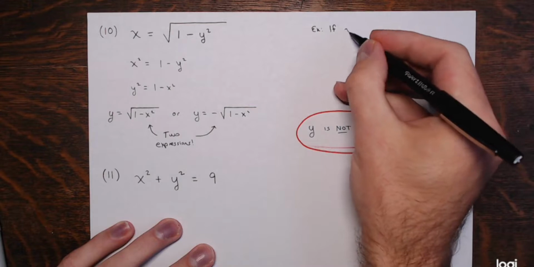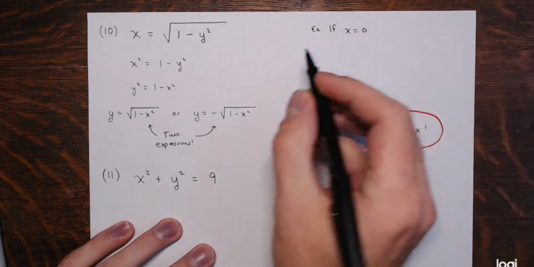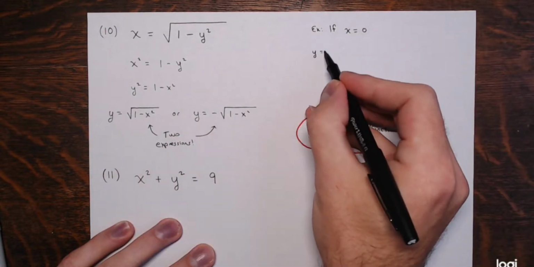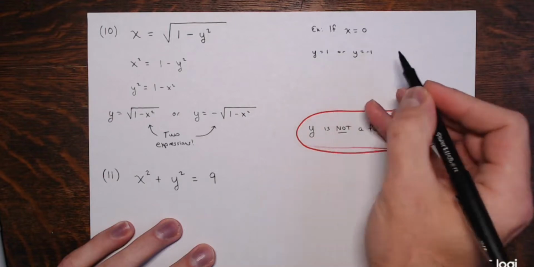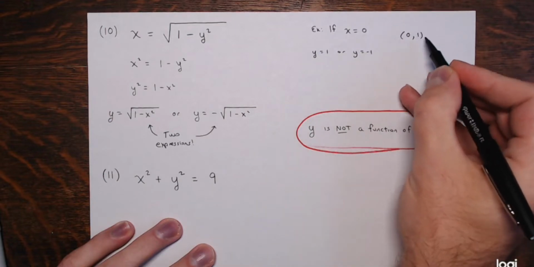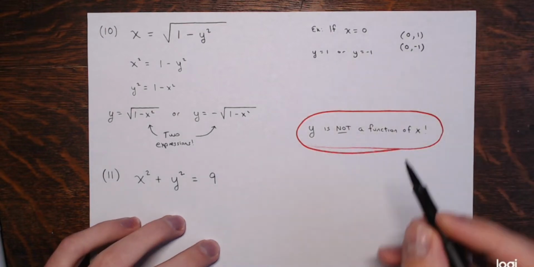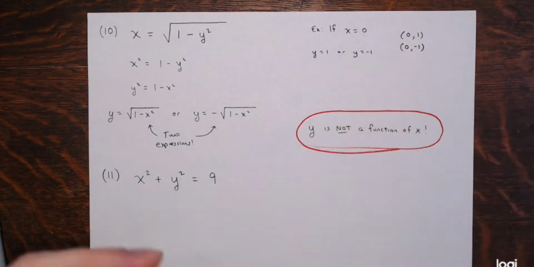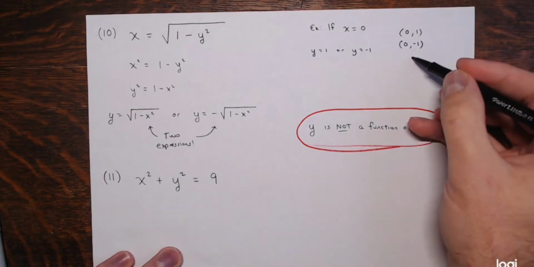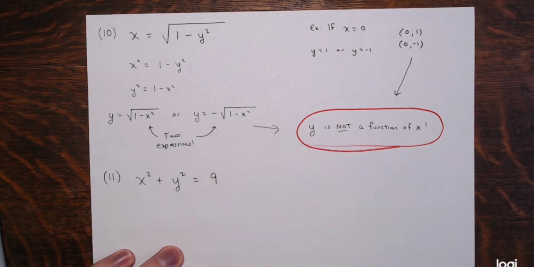Right? If x equals 0, you'd have y equals 1 or y equals negative 1. So you'd have the ordered pair 0, 1 and the ordered pair 0, negative 1 in this relation. 0 pairs with more than one output, more than one value of the range. So again, y is not a function of x.